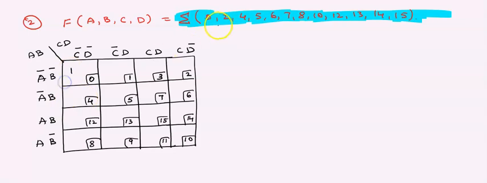So let me mark 1. 2, here, let me mark. 4, here. 5, here. 6, here. 7, yes, here. 8, here. 10, here. 12, here. 13, here. 14, here. 15, here.